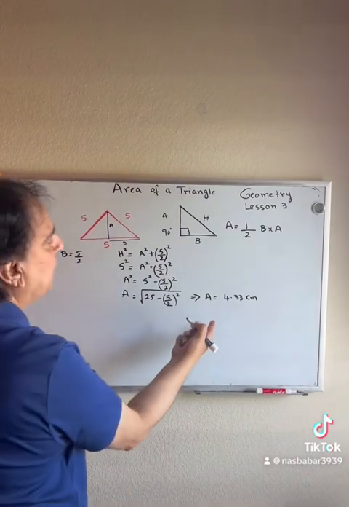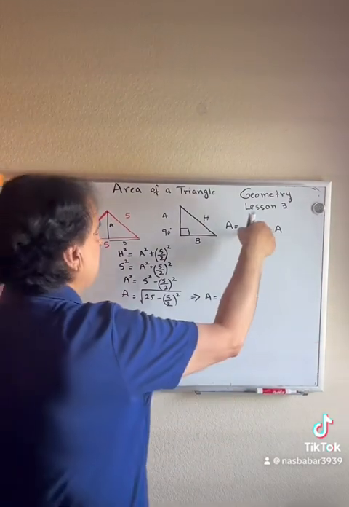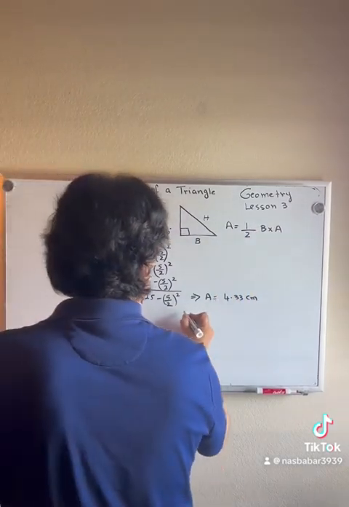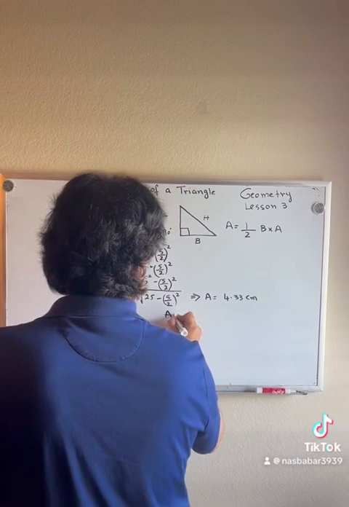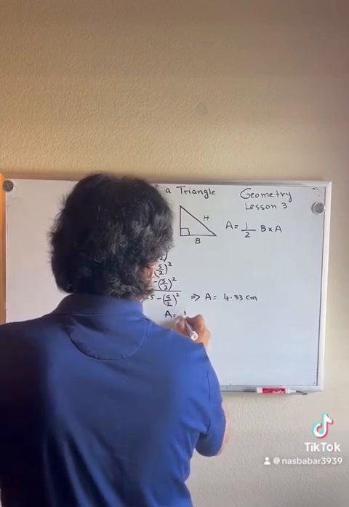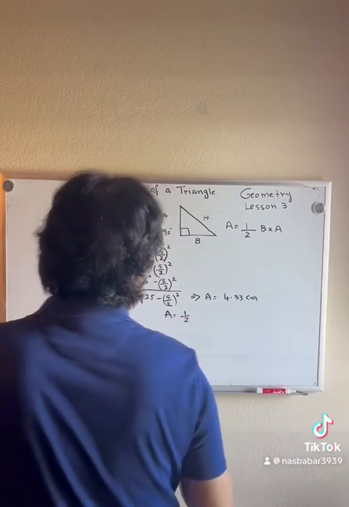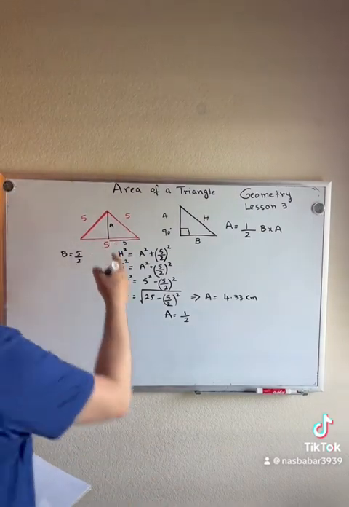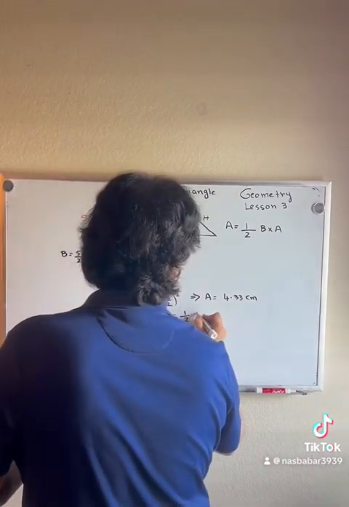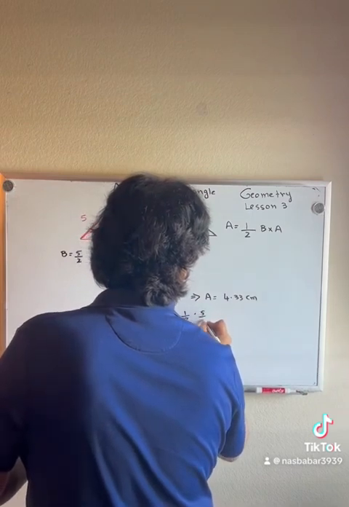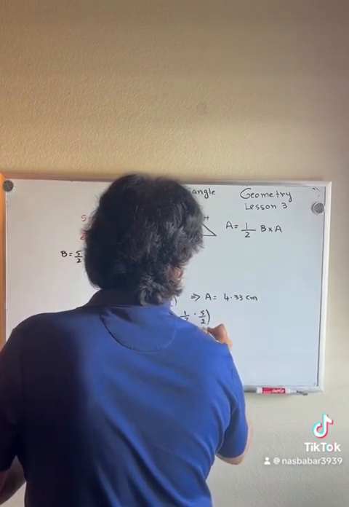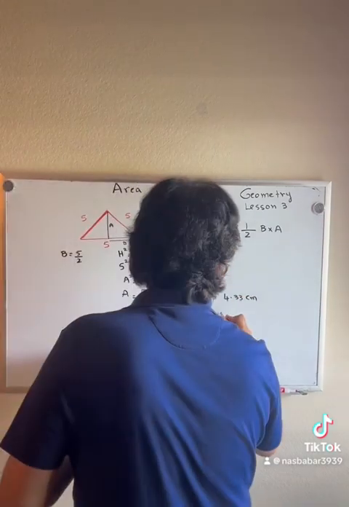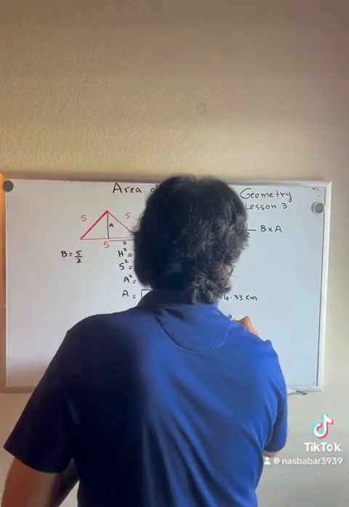Now I have A. So let's go ahead and plug this value of A back in here. If we do that, then we get area is equal to half base. What is the value of base? You already know: 5/2, times the altitude we just calculated, 4.33.